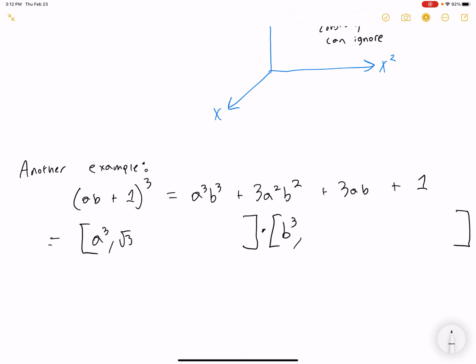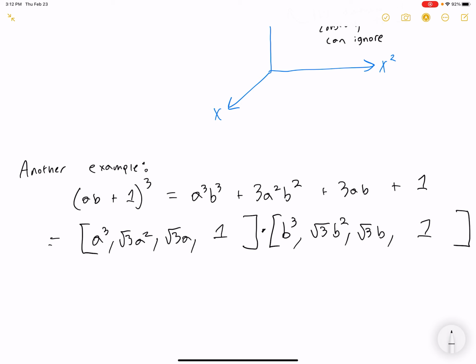Cube root of 3 a squared, cube root of 3 b squared. Just going one term at a time. Looking at this 3ab term, that would be square root of 3a and square root of 3b, and then 1.